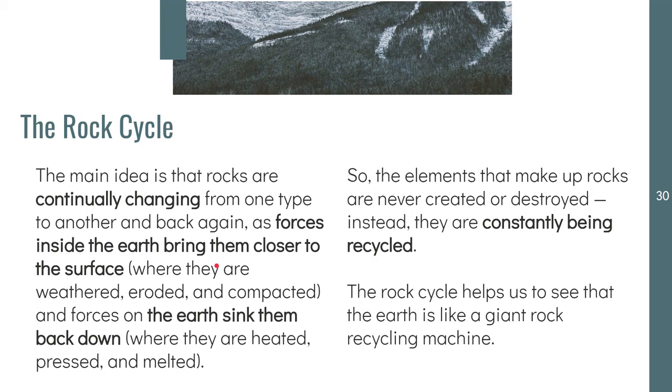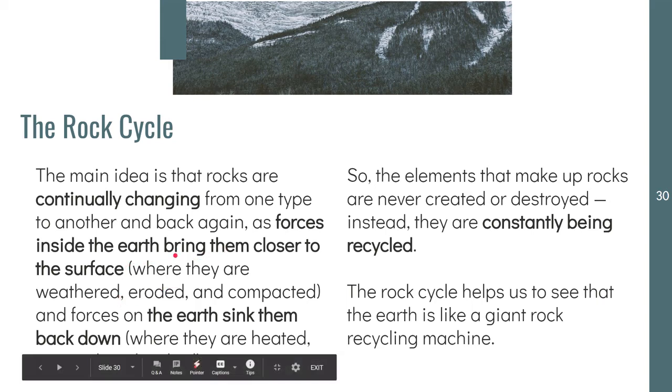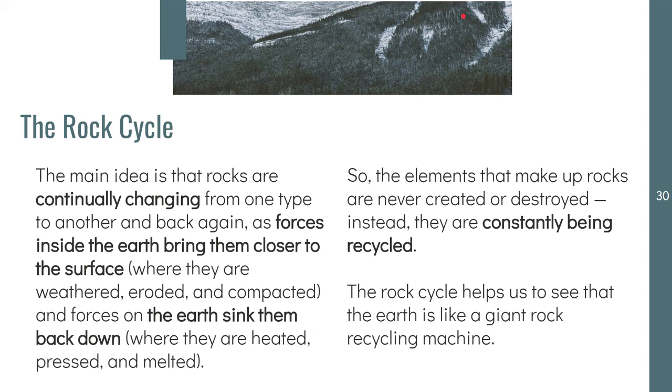So the main idea that I want to establish here is that rocks are continuously changing from one type to another as forces of the Earth bring them closer to the surface through uplift, or the forces of the Earth sink them back down to be part of the magma or part of the mantle. So nothing is permanent. The mountains that you see right now will not remain mountains forever.